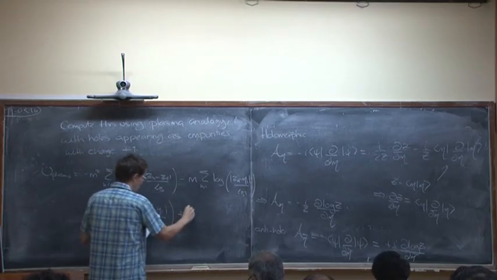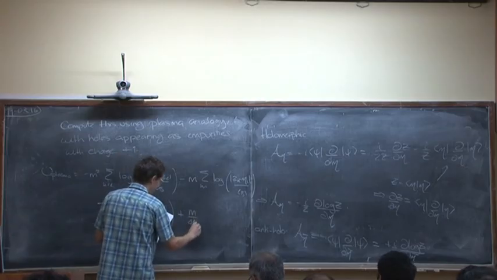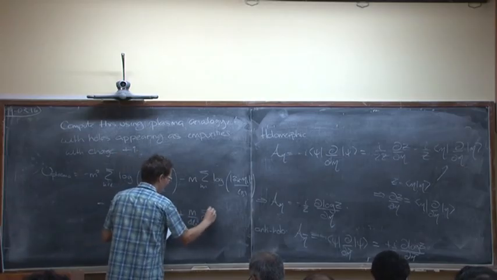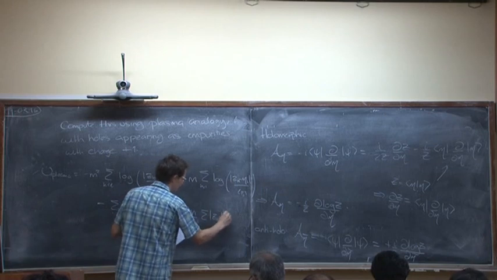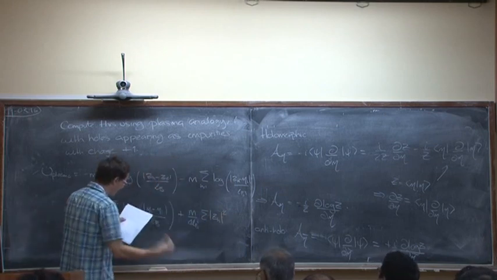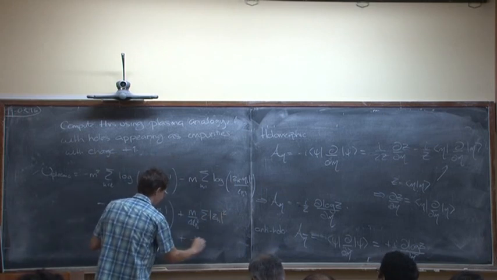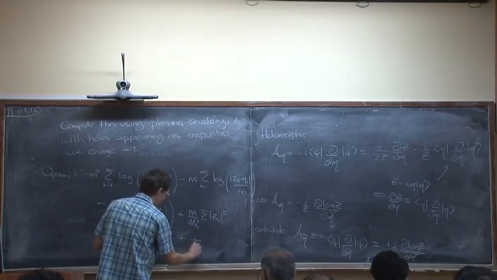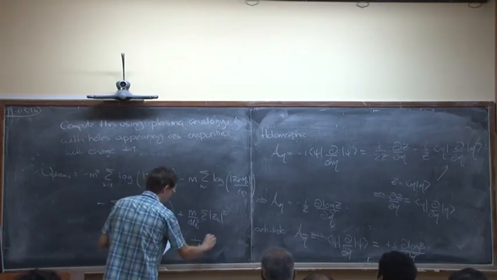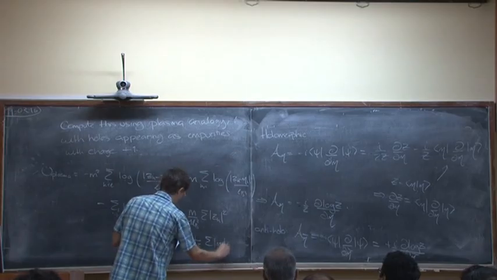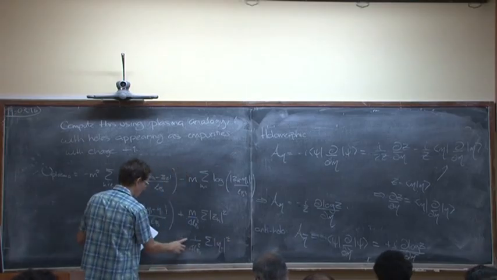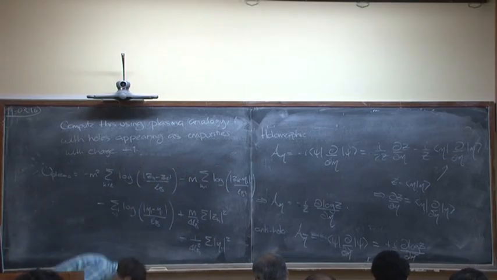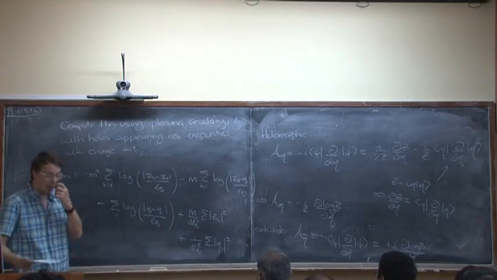And then there are the terms which are the electrons interacting with this constant background charge. And then there are the terms which are the impurities interacting with this constant background charge. Is that right? I thought the impurities didn't.